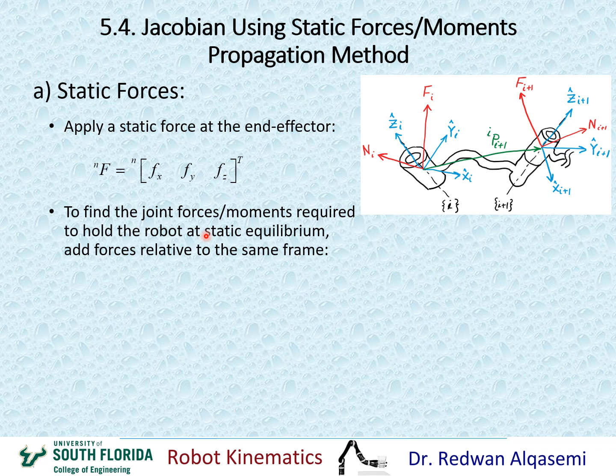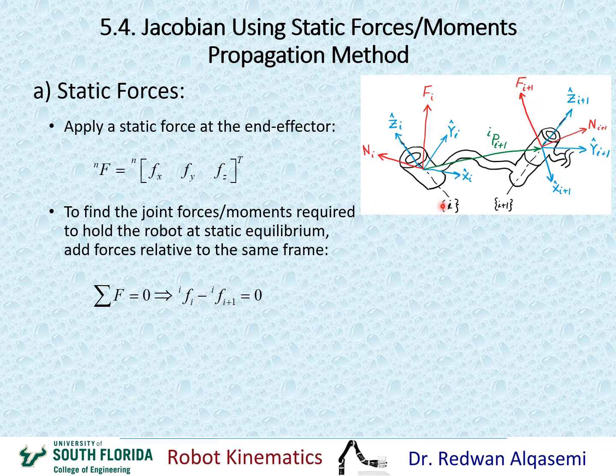So what we need to do is add the summation of forces at a particular frame and equate that to 0. So in this case, summation of forces equals 0. So I have force Fi relative to I, and then I'm deducting Fi plus 1 relative to I, which is this force, with the negative sign.